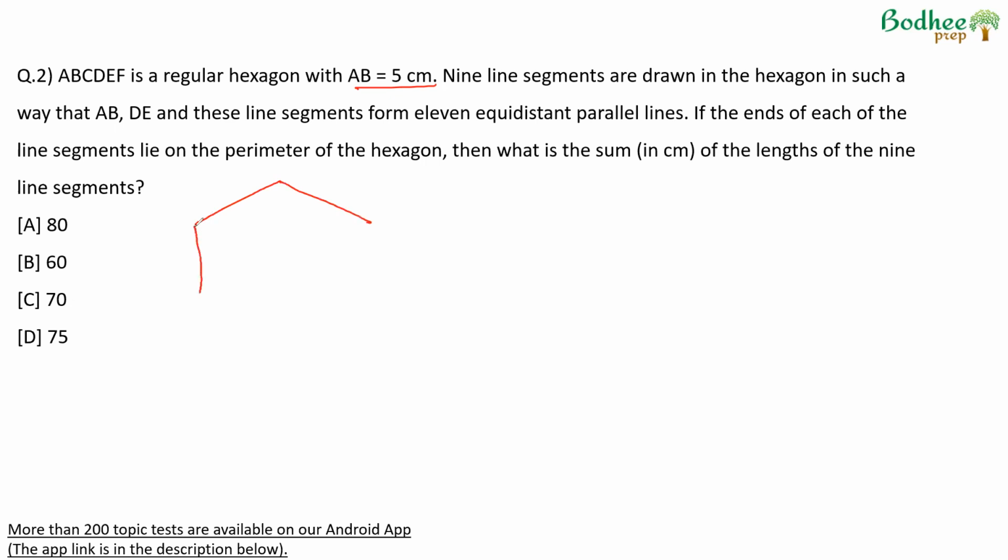So this is our hexagon, a regular hexagon. There are 9 lines that are to be drawn. Obviously, one of them will be the center line, 4 on each side. They will be parallel to each other and equidistant.